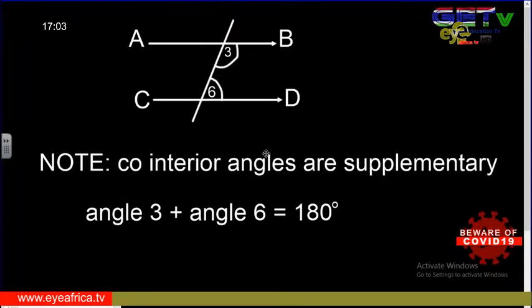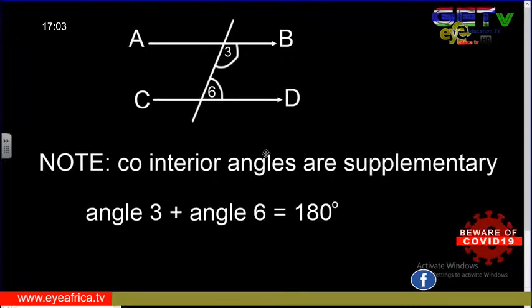Okay? And what letter do you think you can find these co-interior angles in? If you follow my hand, this angle and this angle seem to be inside a U that is turned to face the east. All right?